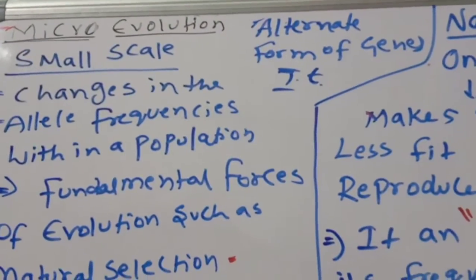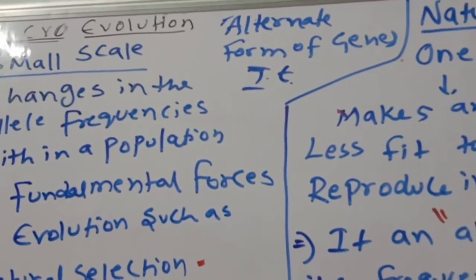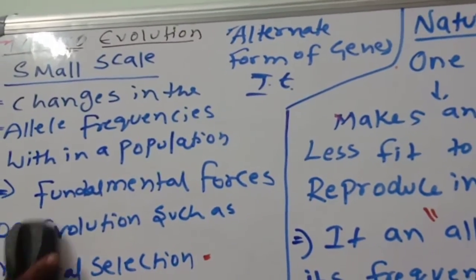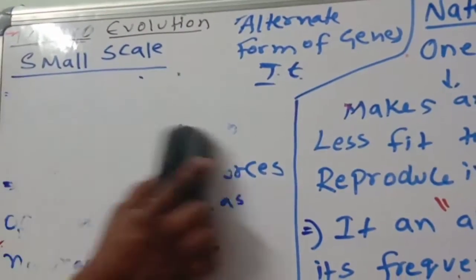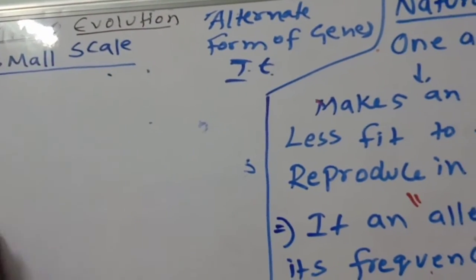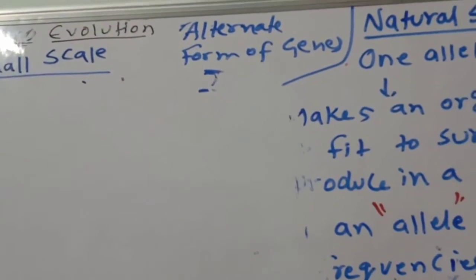There are mainly three types of natural selection. What are the three types? Stabilizing, directional, and disruptive selection. That is what we are going to discuss now.